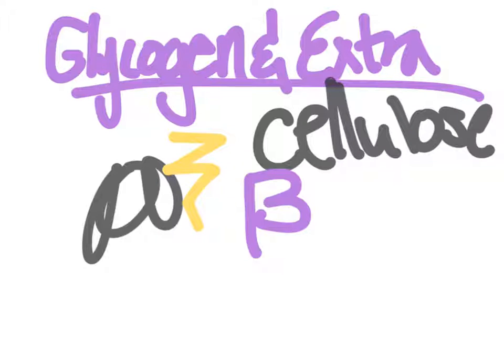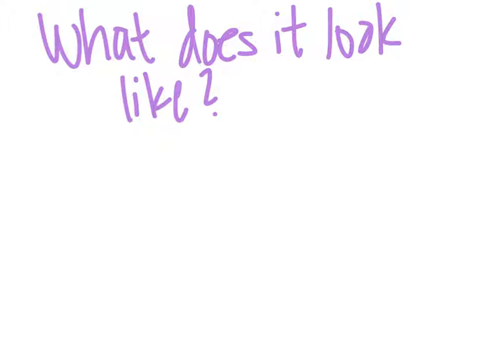Most animals cannot break down cellulose, and we can't either. We usually call this fiber. If we ever do eat this, we usually depend on other parts of our body to help us with it. So, what does a carbohydrate, also known as a polysaccharide, look like?